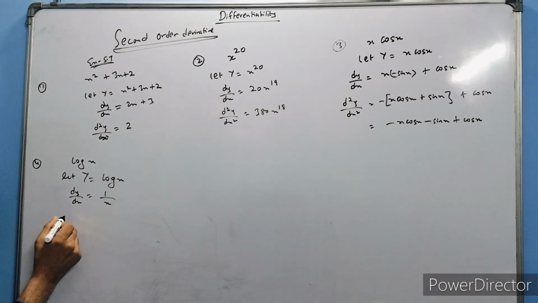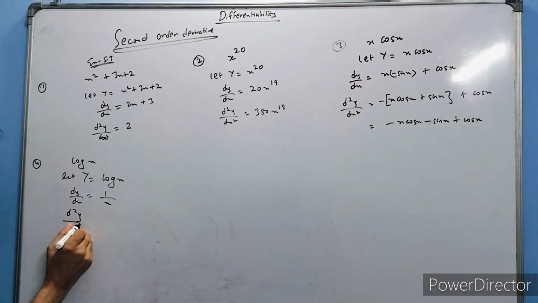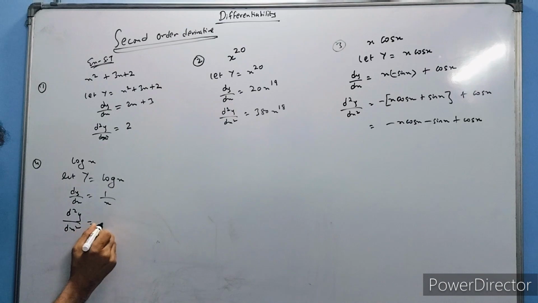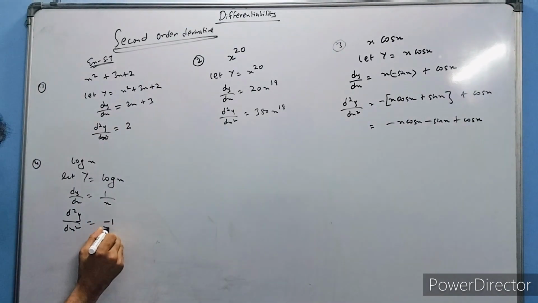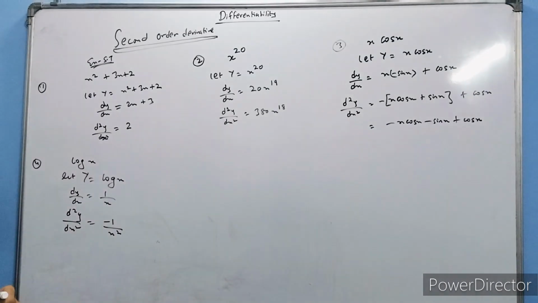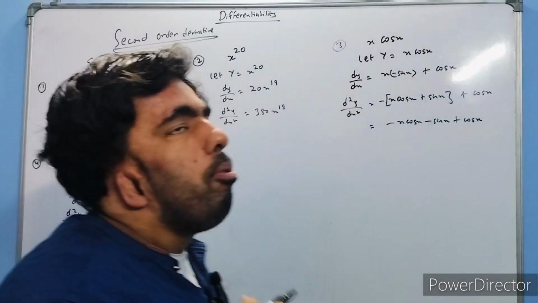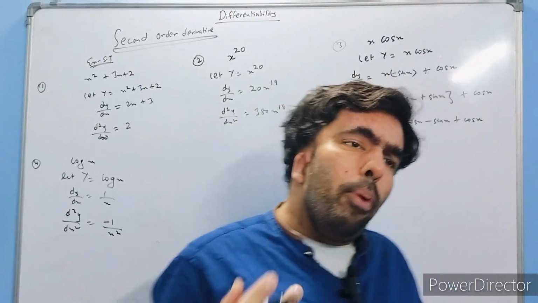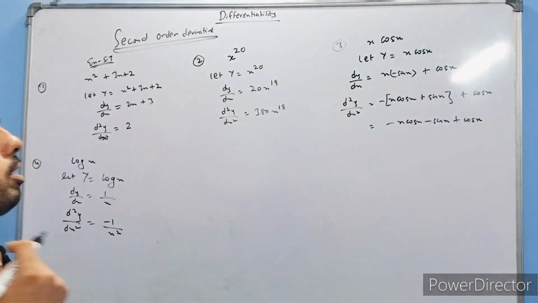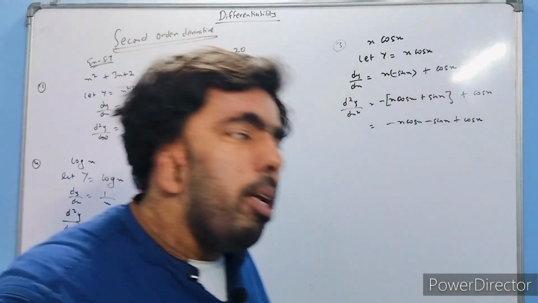Now again we differentiate it, so what I got here is minus 1 upon x square. That is how we are able to differentiate the function twice. That is called the second order derivative.